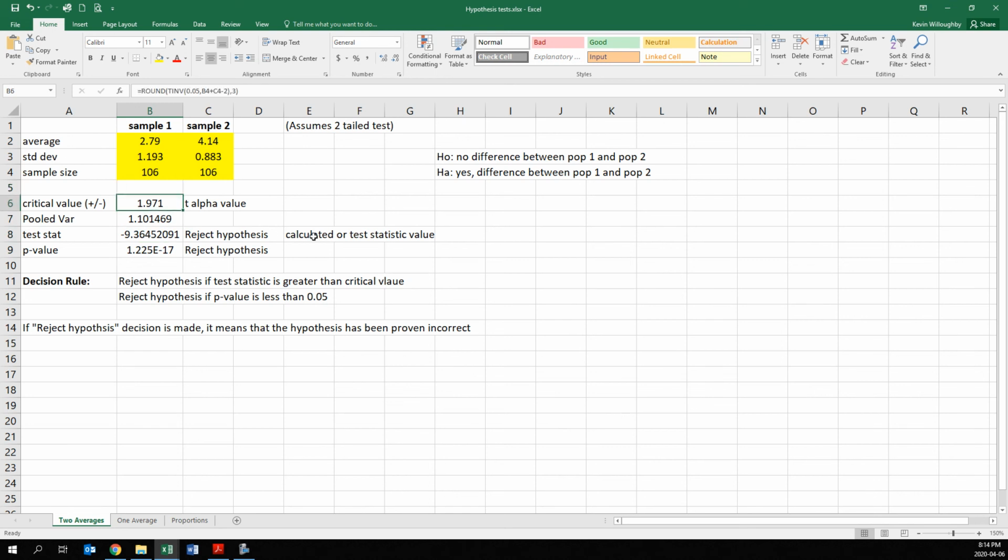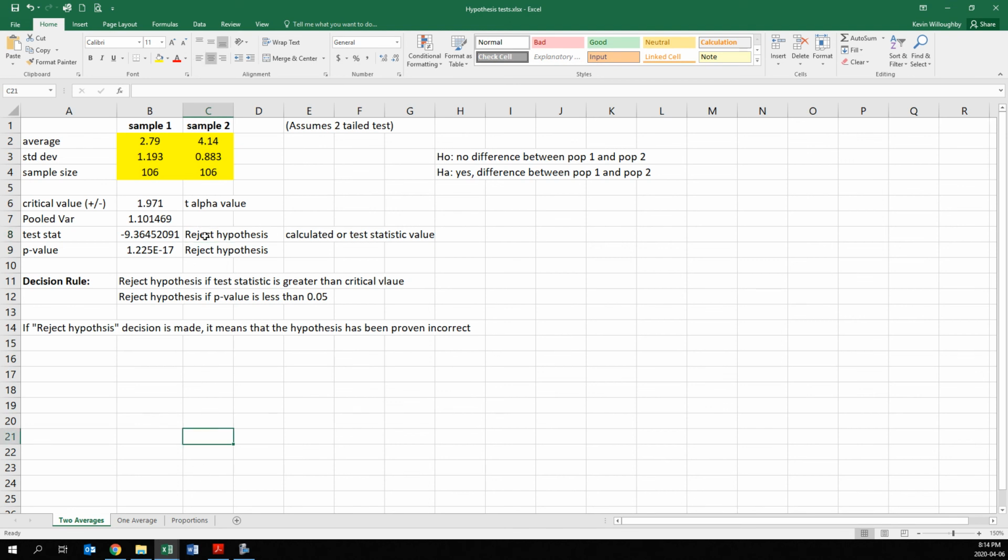The critical value is 1.971. When we compare the test statistic to the critical value, we always compare positive values. Just makes it easier. So 9.36, much greater than 1.971, leads us with this decision here to reject the null hypothesis.